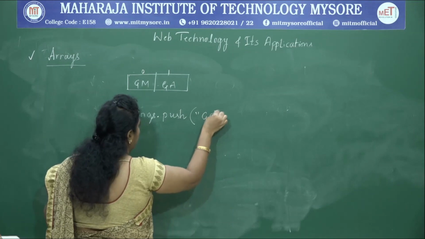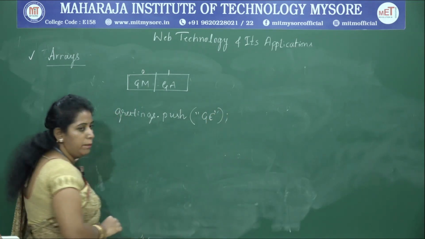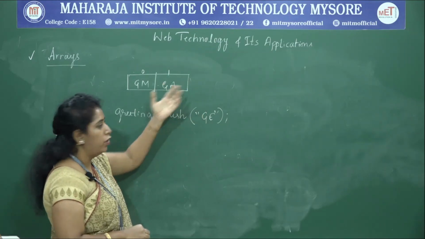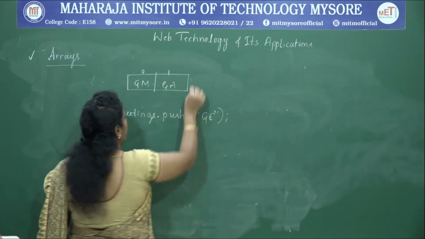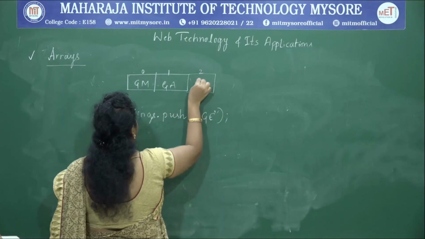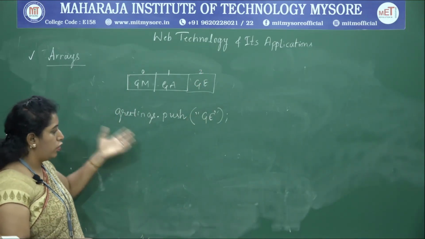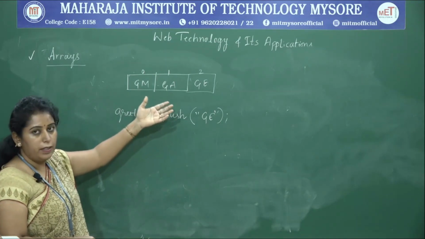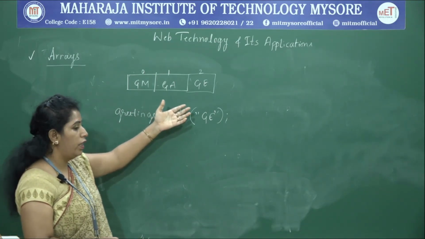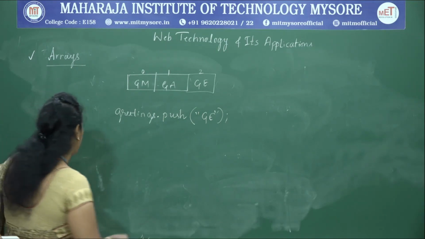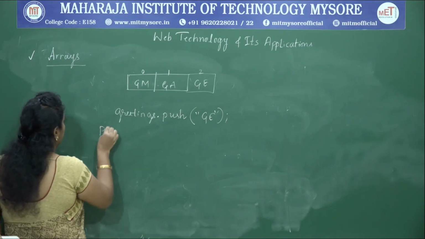Good evening. Now what happens? It pushes this element to the end of the array. By this time the array looks like this. These are the changes. Again, if you call it, the next element gets inserted at the end of the array.